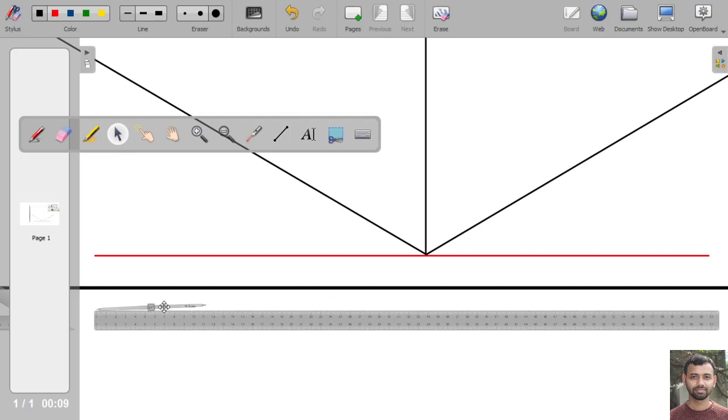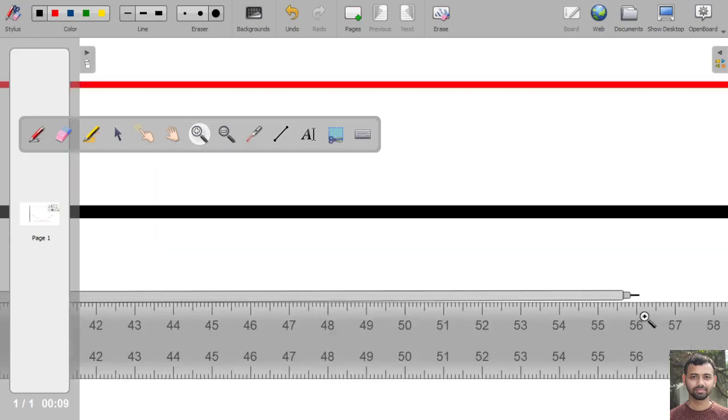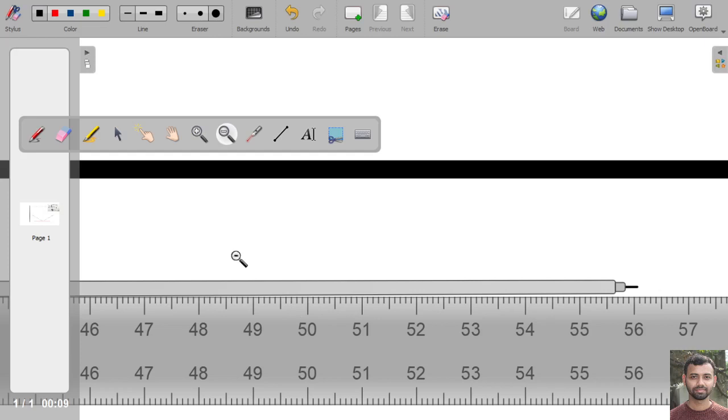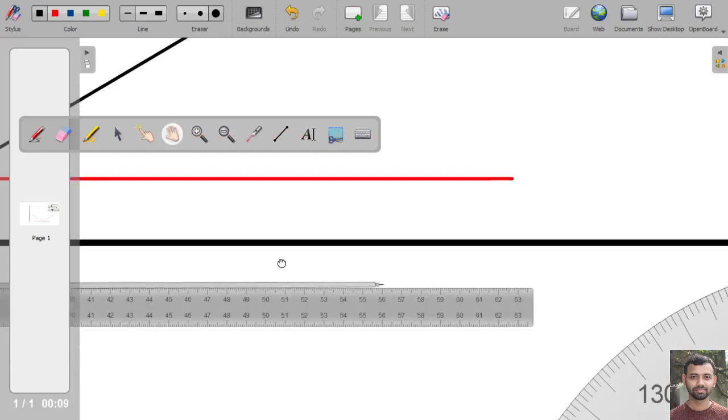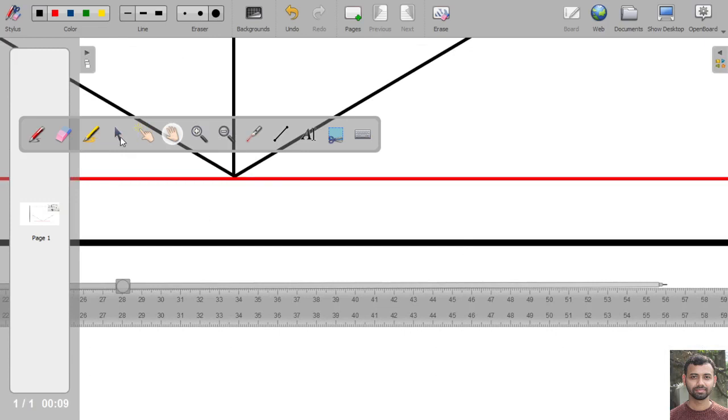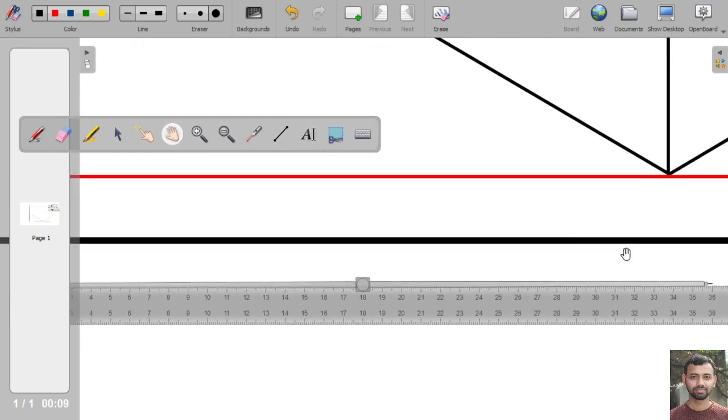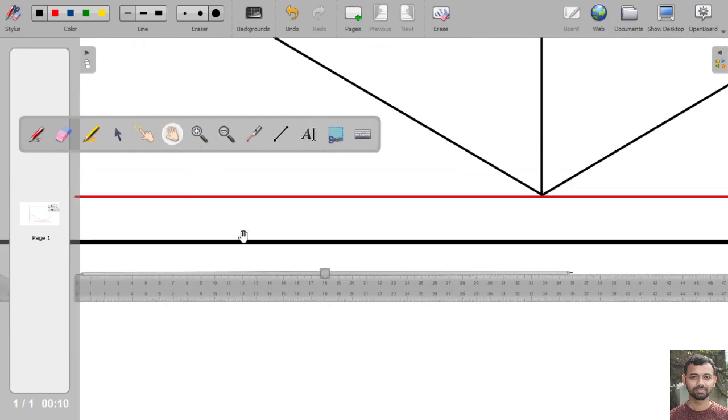So with the help of this compass we can measure 360 mm, that means 36 centimeter. Sorry, I said 56, it will be 36. Okay, so this is the total length.